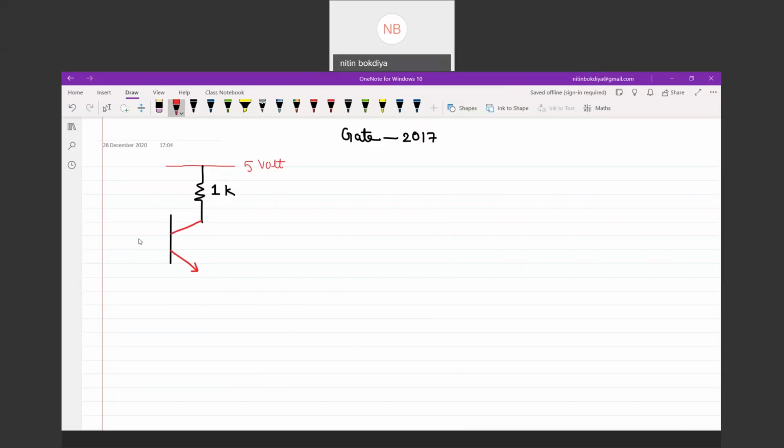This is Vi. Then we are having one more transistor. This is connected to minus 5 volt.